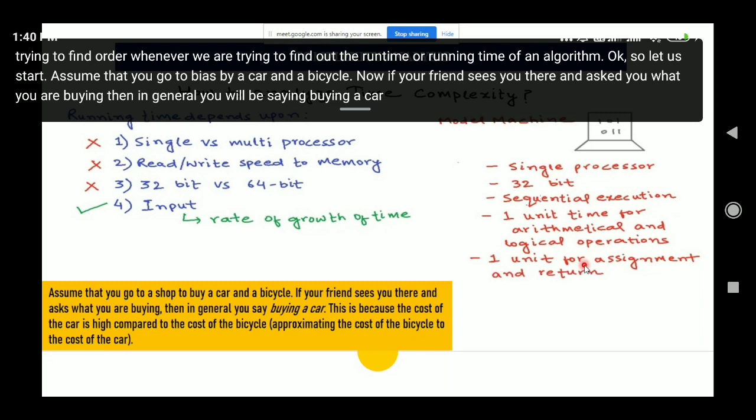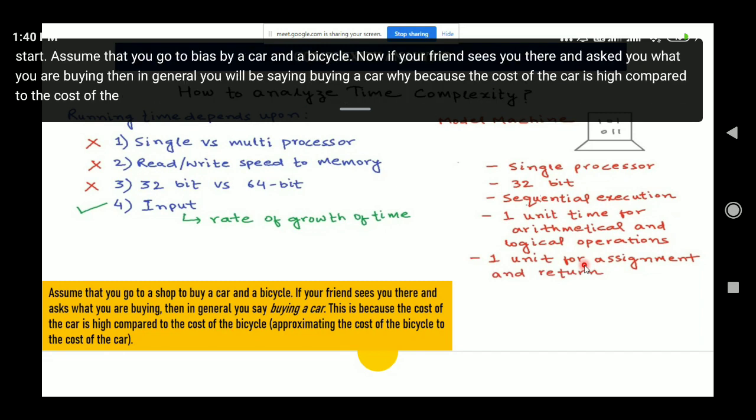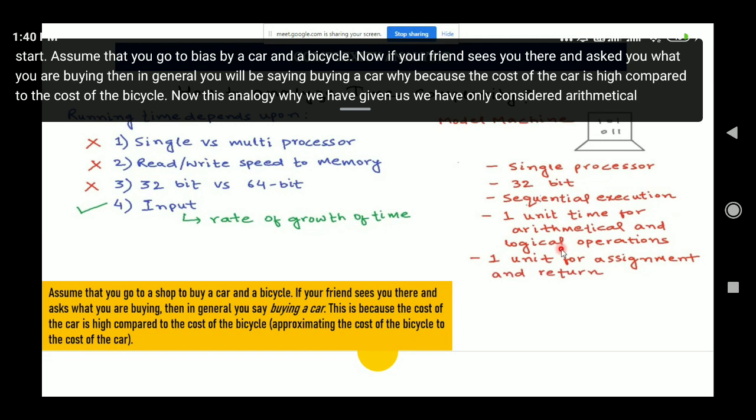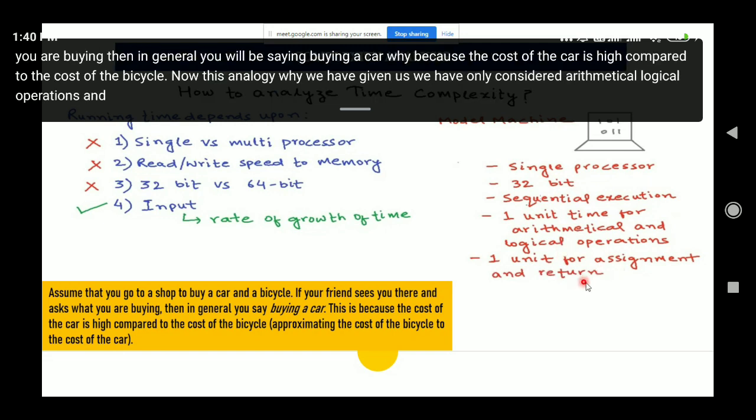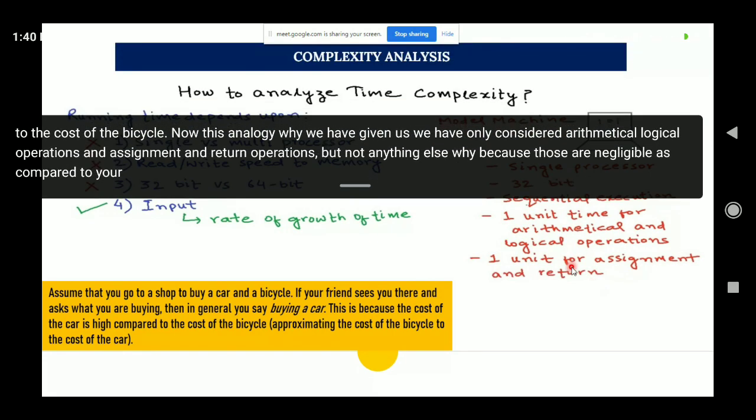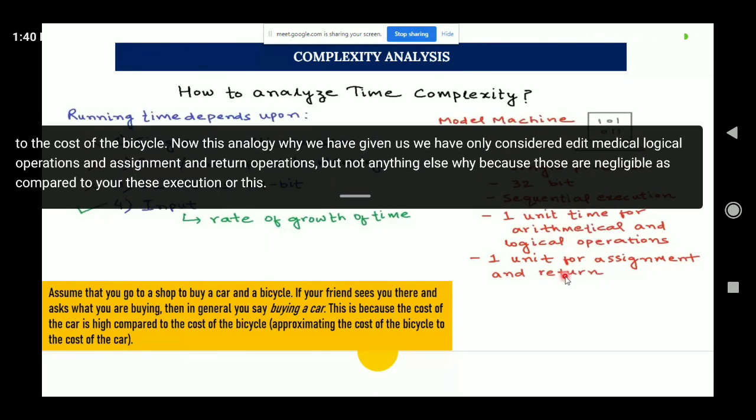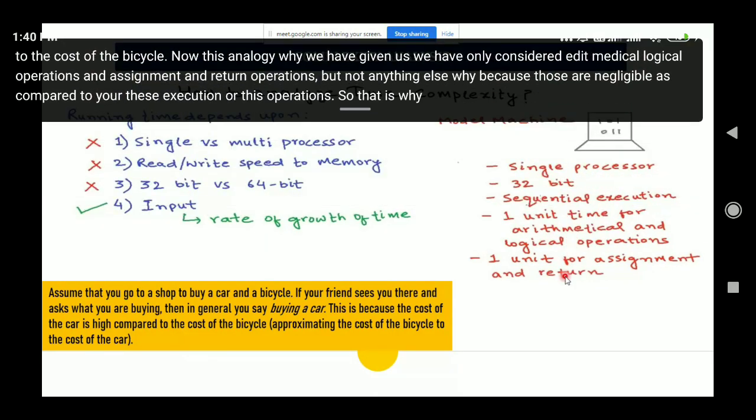Because the cost of the car is high compared to the cost of the bicycle. We have given this analogy because we have only considered arithmetical, logical, assignment and return operations, but not anything else, because those are negligible compared to these operations.